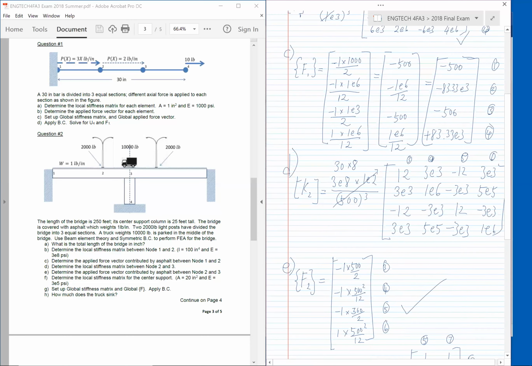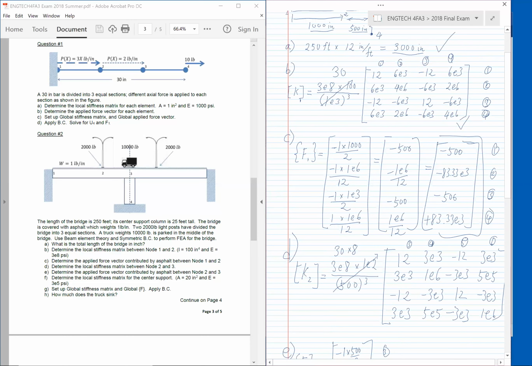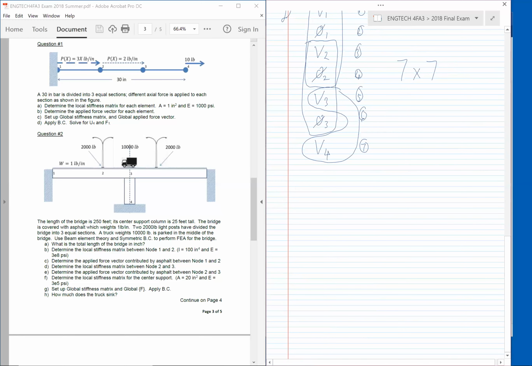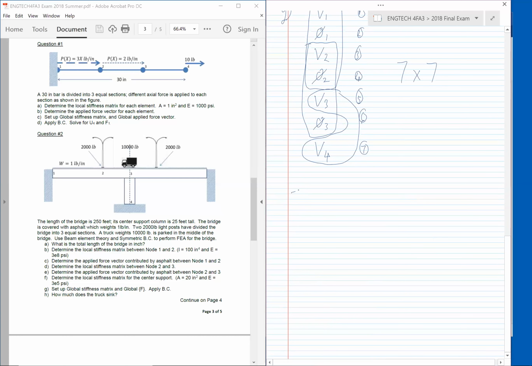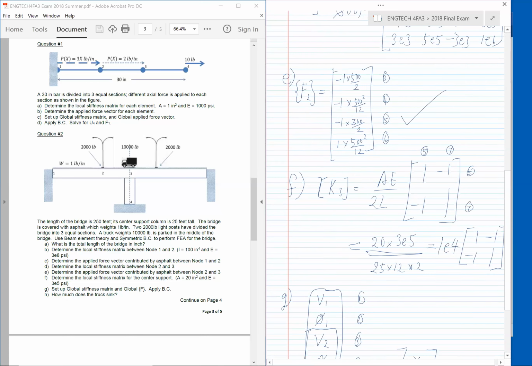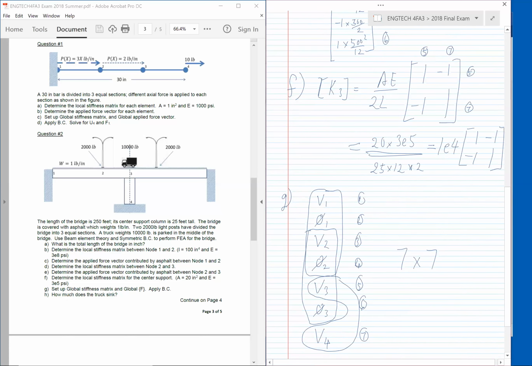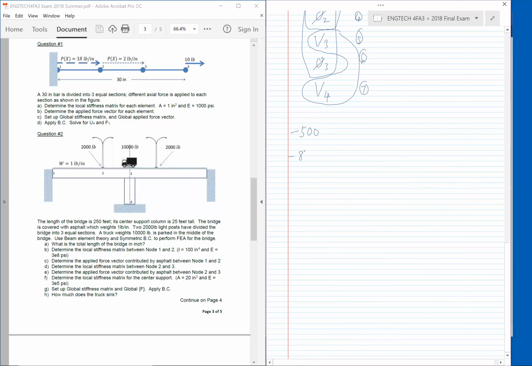Now let's start with the force vector. The first portion of it: negative 500, negative 83.33, then negative 500 again, plus 83.33. This is the first force vector, the weight applied by the beam.